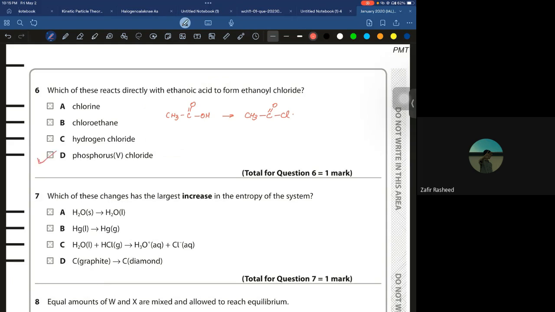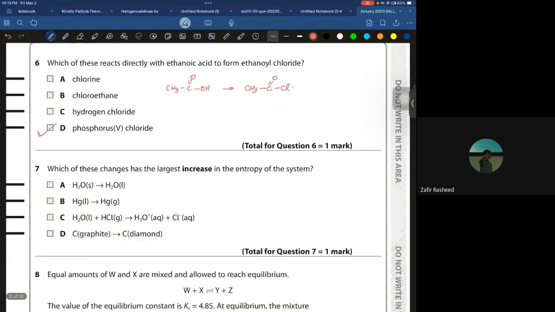I told you the three options: PCl5, PCl3, SOCl2. These three reagents can react with ethanoic acid, this carboxylic acid, to produce ethanoyl chloride. The OH would be substituted by the Cl. So that's why option D is correct.